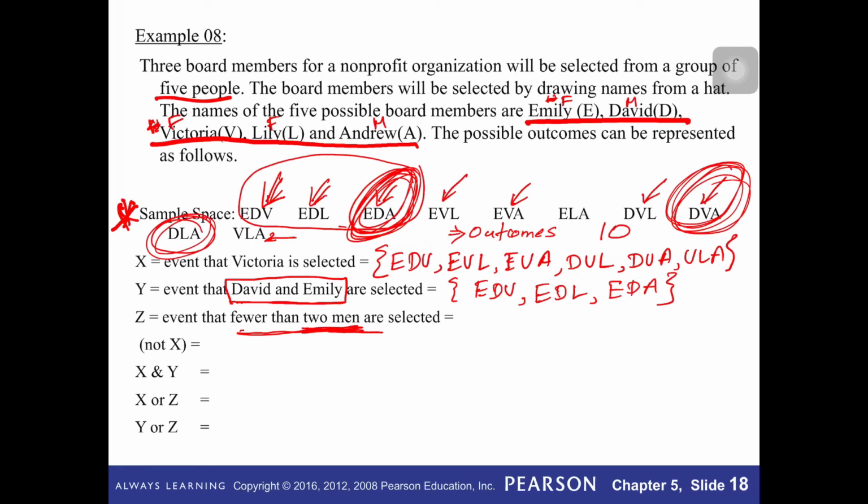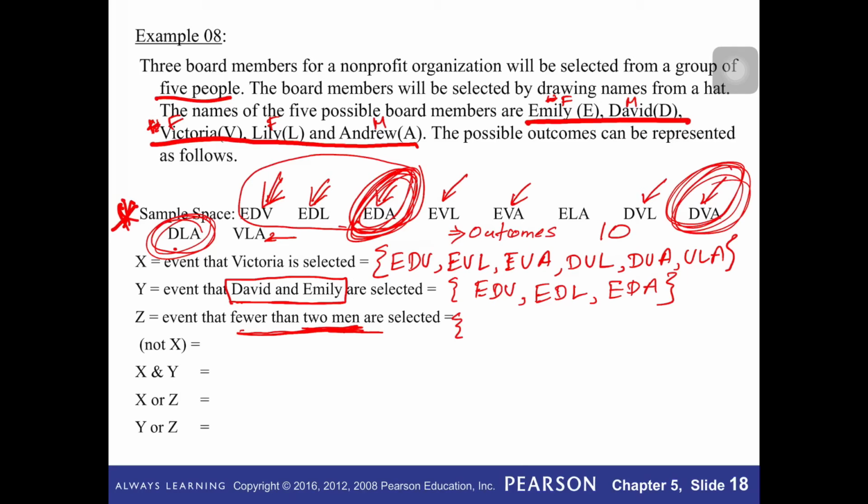See, so we don't need them, since fewer than two men are selected. So in these three cases we have two men, so exclude them.